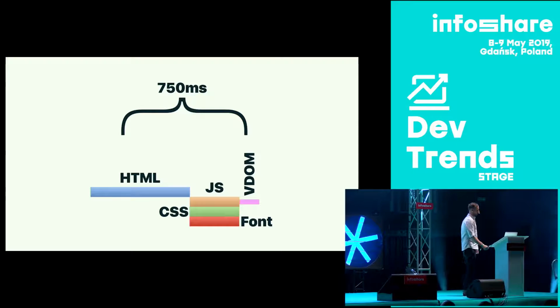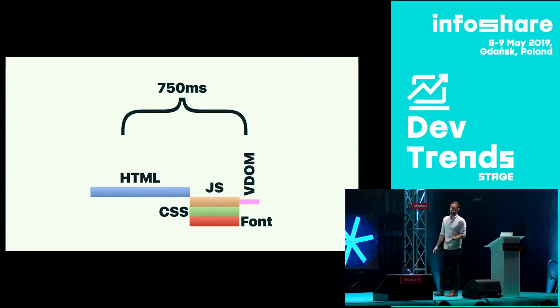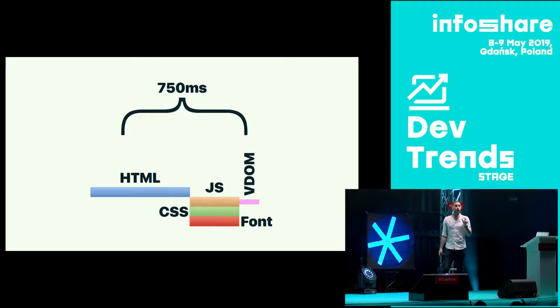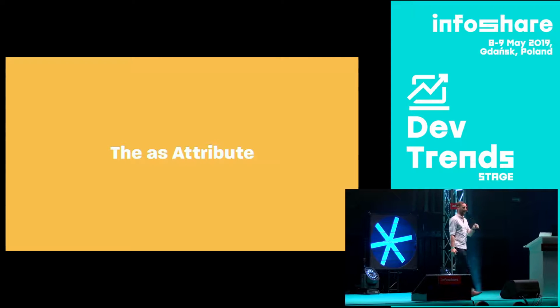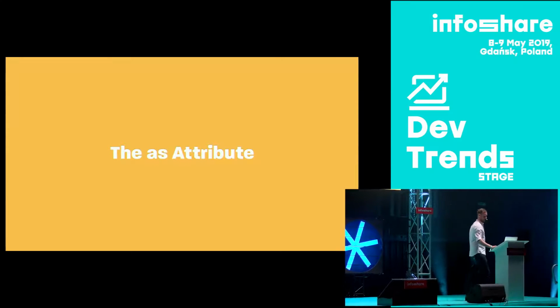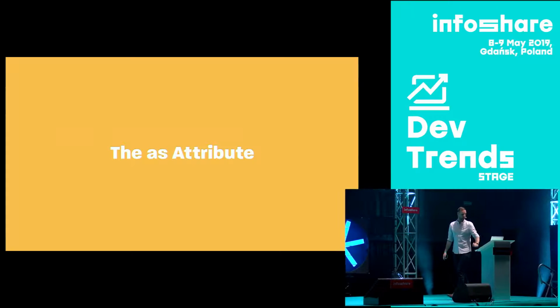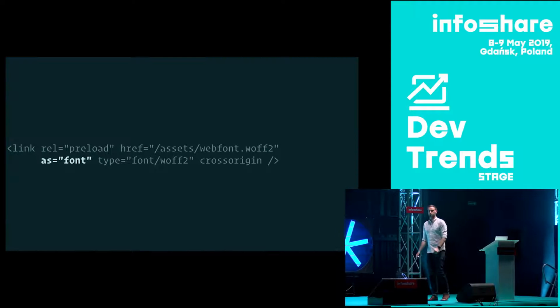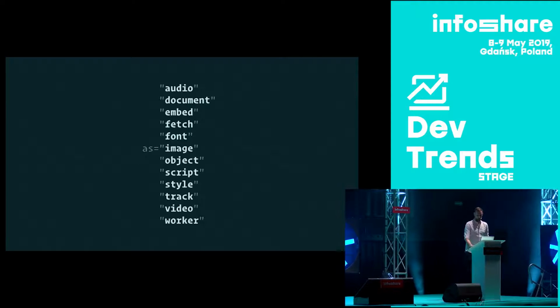So let's talk about the attributes. The first attribute is the as attribute. The as attribute used to be optional, but has recently become mandatory, so you have to supply an as attribute. In this case, as font, because this is a font file, but we've got all of these presets available to us. The as attribute is mandatory because it tells the browser what type of file to expect.